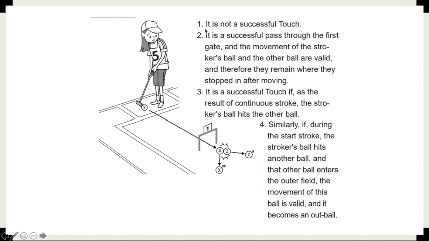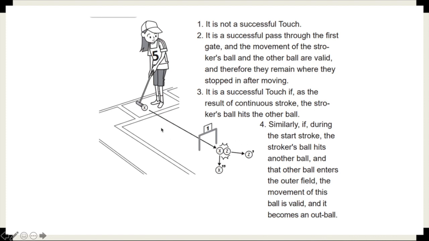Now we're going to go on a slight tangent here, describing exactly what happens in this situation. First of all, it says it is not a successful touch because, as we've just read, if the stroker's ball touches another ball before successfully passing through the first gate, it is not regarded as a successful touch. Well, you might say, hold on a minute, Anthony, ball X has successfully passed through the first gate, so therefore this has to count.